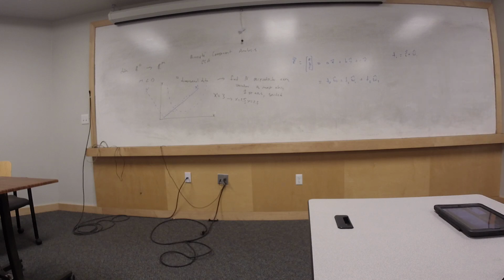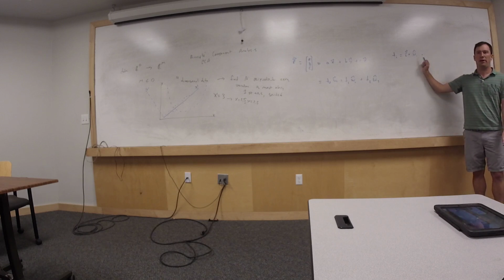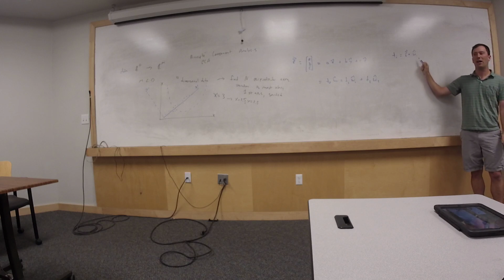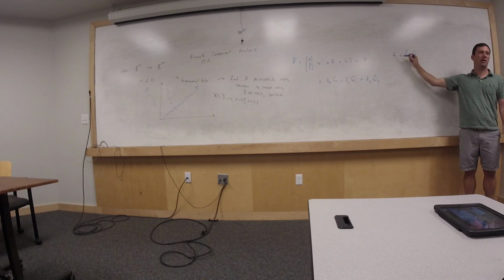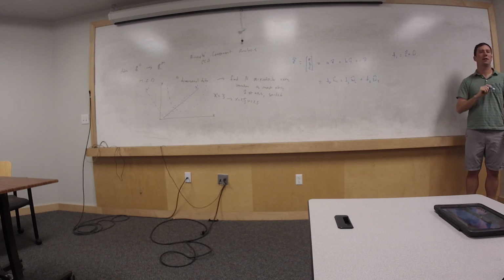And so basically what I do is I optimize, I find the best W0 I can to maximize the variance of T0 over all my points. And then I move on to the next one.